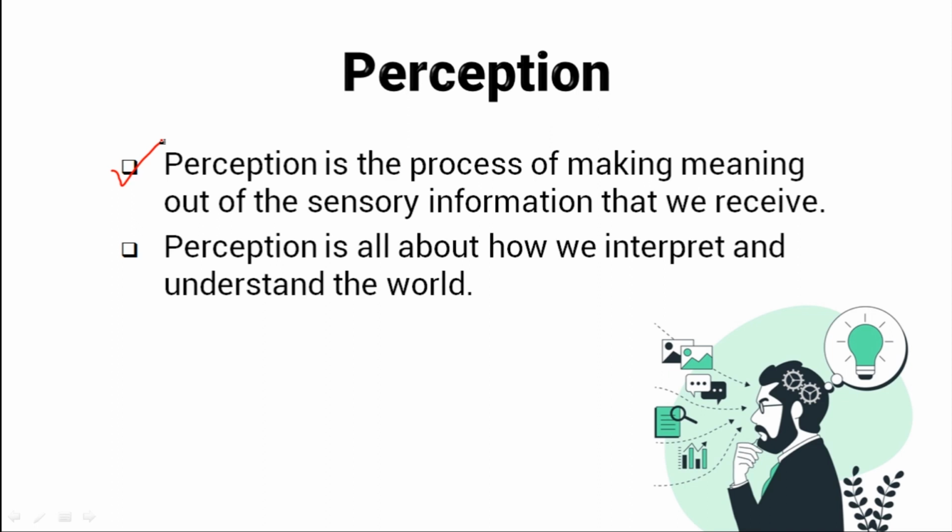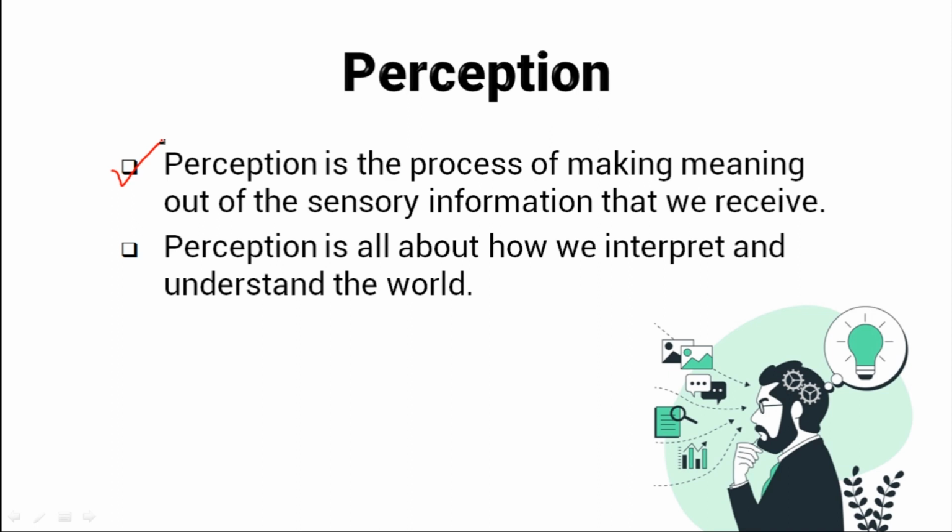Now, what is perception? Perception is all about how we make sense of the world around us. It's kind of like when you use your senses to figure out what's happening around you. For example, suppose you are a school student and when you hear a bell ringing, you know that it's time to go to class. Or say when you see a red light, you know that you have to stop your bike.